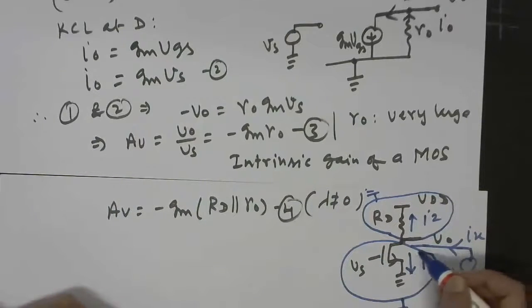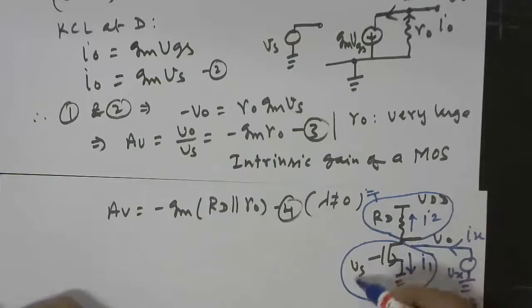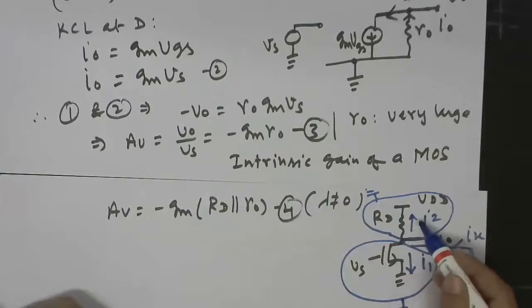So the impedance that you will see looking into the drain, which is the output node, will be the parallel of the impedance offered by this part of the circuit and this part, and these two are both in parallel, right?